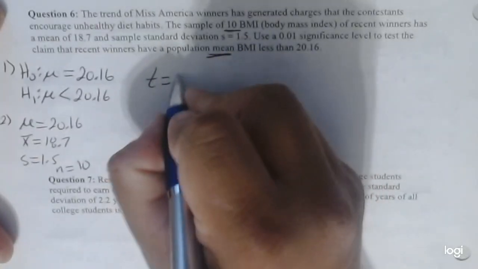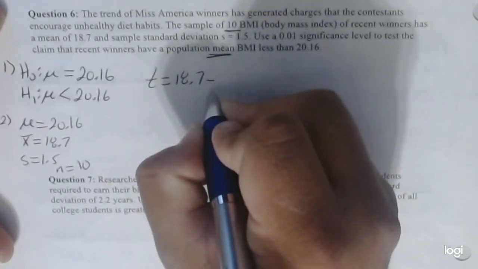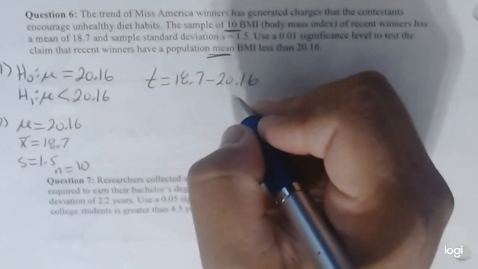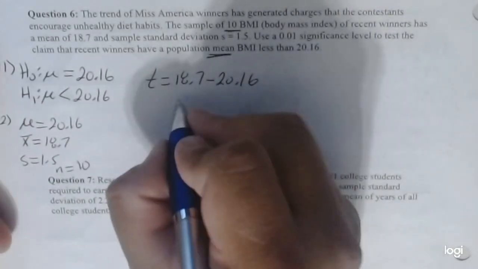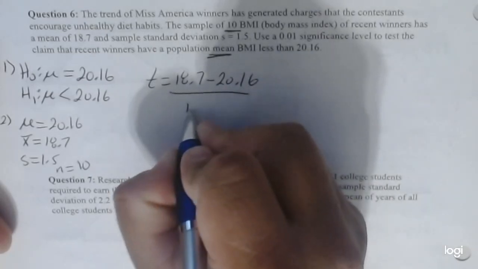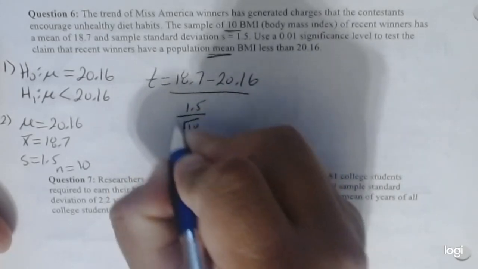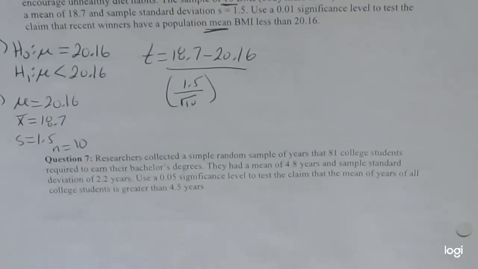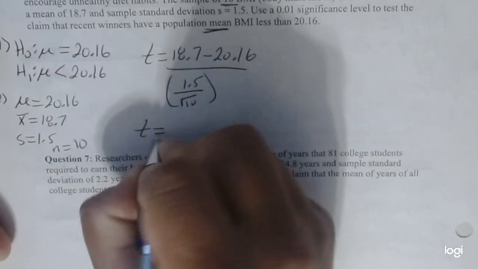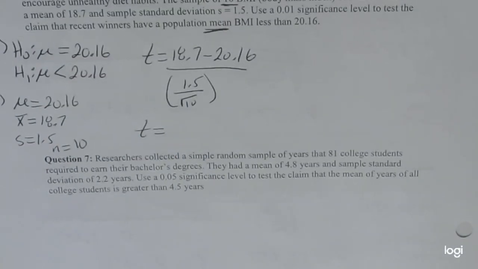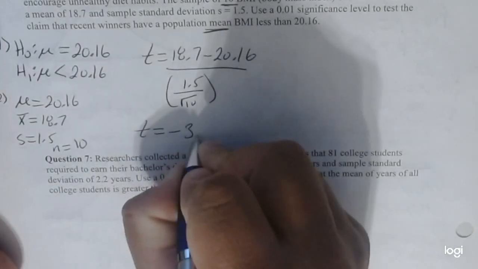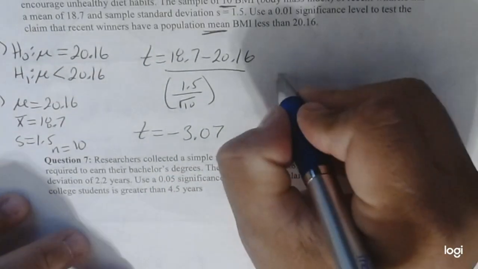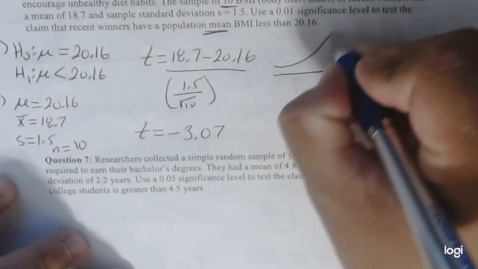It's going to be 18.7 minus 20.16 divided by 1.5 divided by the square root of 10. This should give you a t-value of roughly negative 3.07.